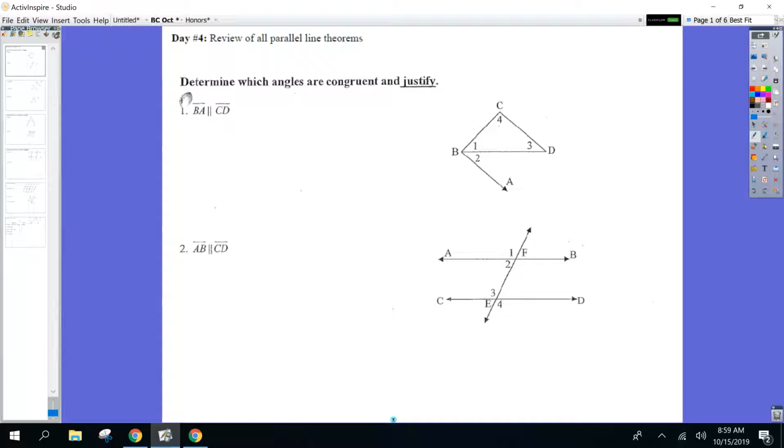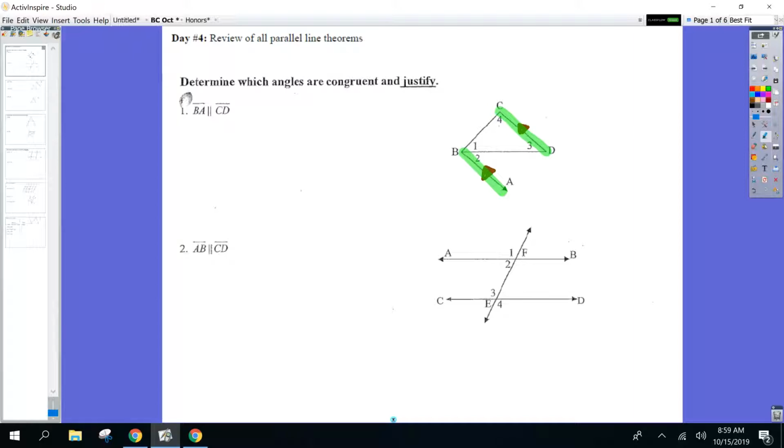If you knew BA was parallel to CD, a pair of angles now become congruent up here. What are those angles? They better be connected by the same transversal and these two parallel lines. So again, if you've got to highlight them, whatever you need to do. I've got BA, CD. I need two angles formed by those parallel lines and a single transversal.